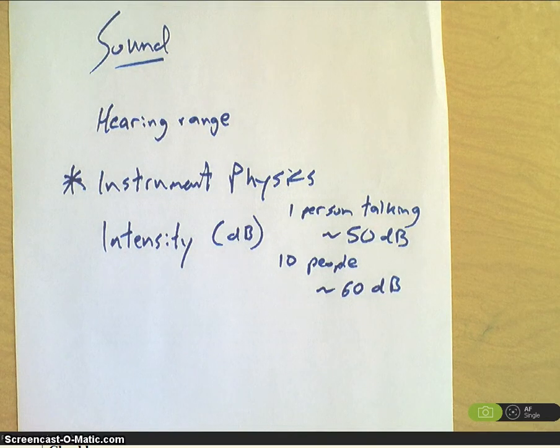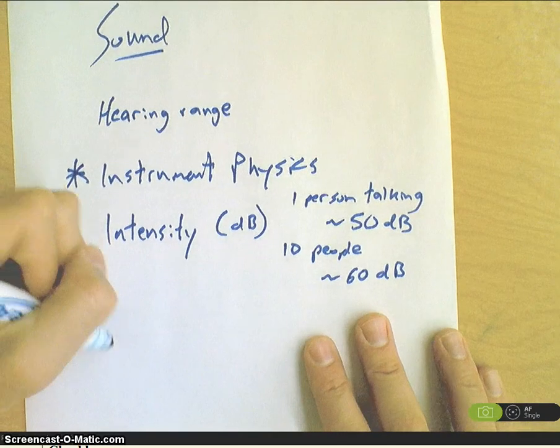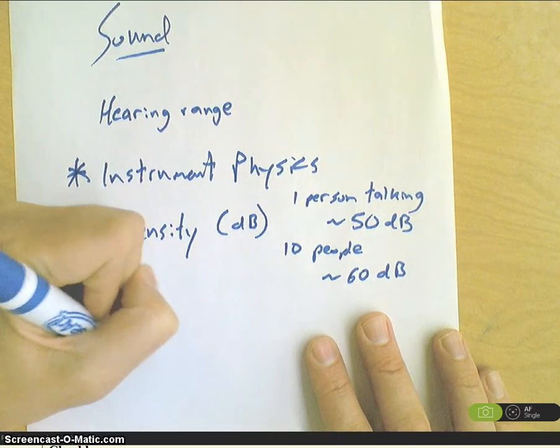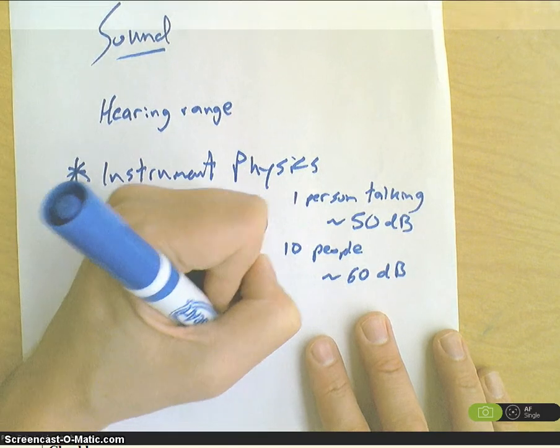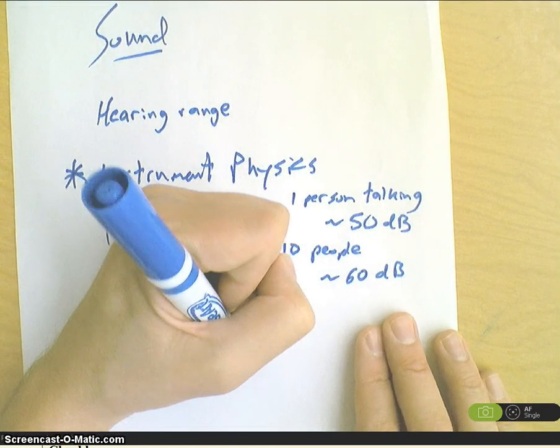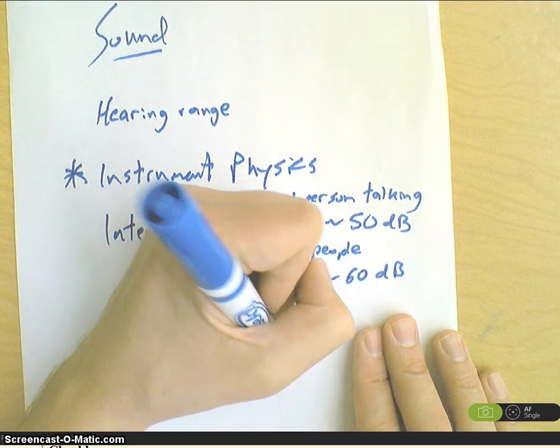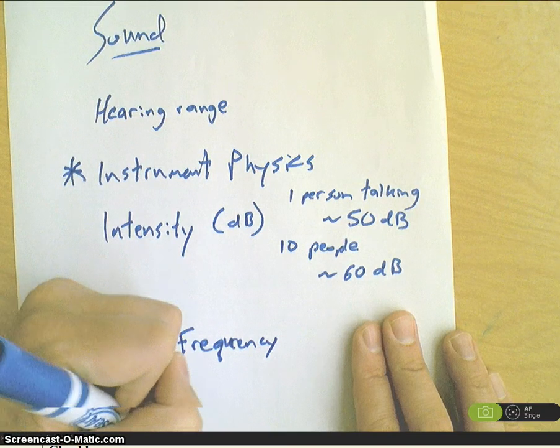What else? Basic things about how sound goes through air. What kind of wave is a sound wave? Beat frequency. And the Doppler effect.